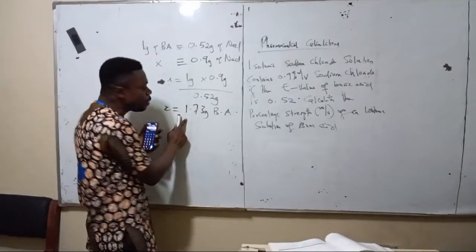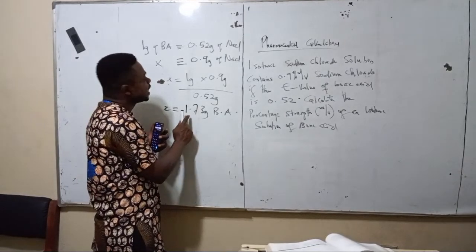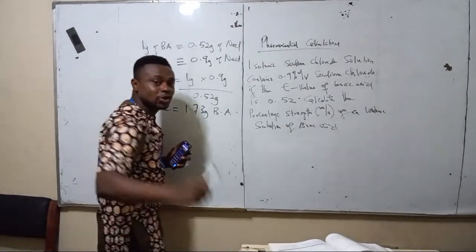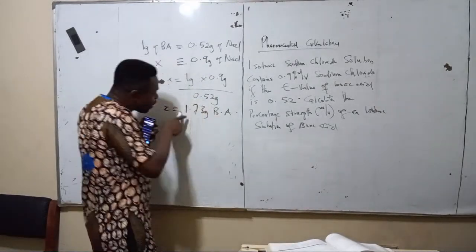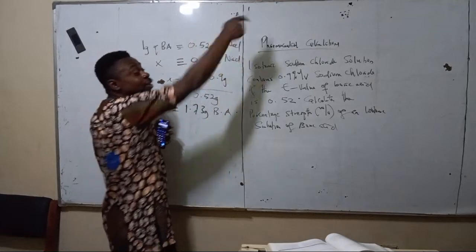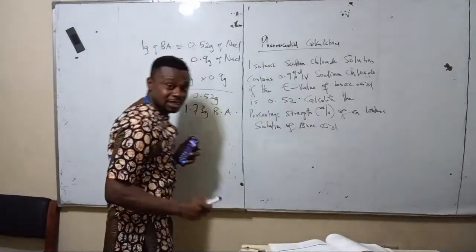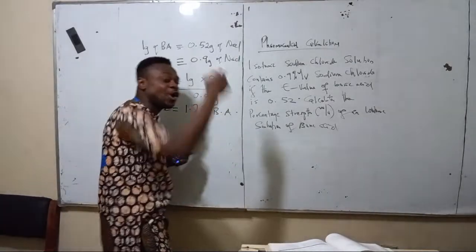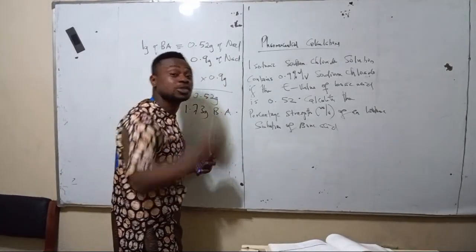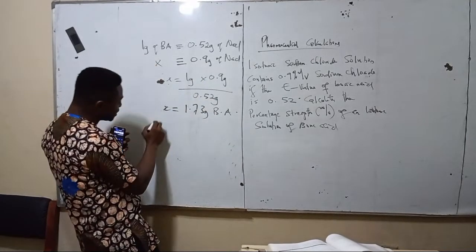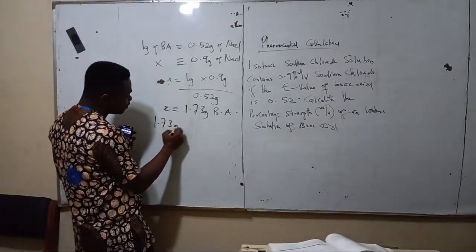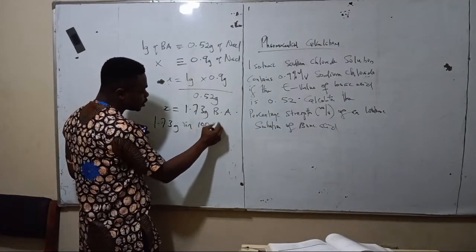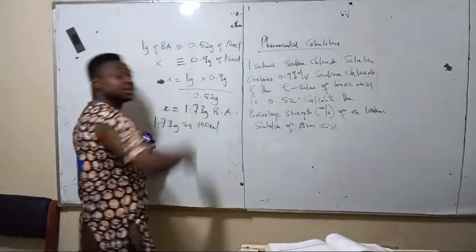So approximately 1.73 gram of boric acid is equivalent to 0.9 gram of what? Sodium chloride. What it means is that since 0.9 gram of sodium chloride in 100 ml solution is isotonic, 1.73 gram of boric acid in 100 ml solution will also be what? Isotonic. So that means 1.73 gram of boric acid in 100 ml solution will be what? Isotonic.